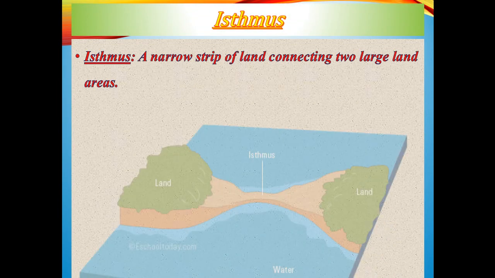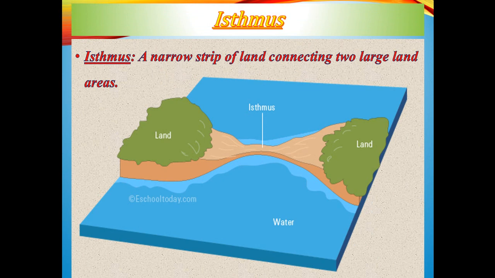Next, it is isthmus. Now, an isthmus is a narrow strip of land connecting two large land areas. Just have a picture of a world map, that is North America and South America. In between we are having Latin America.